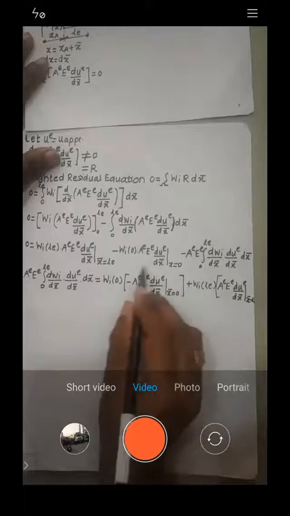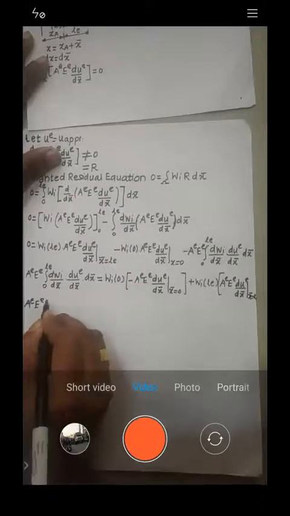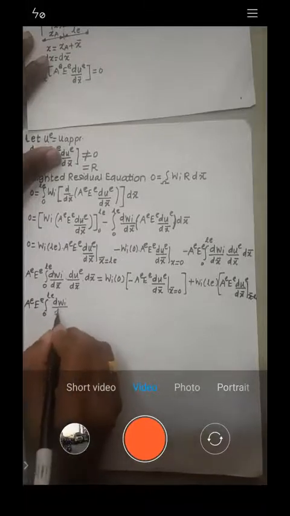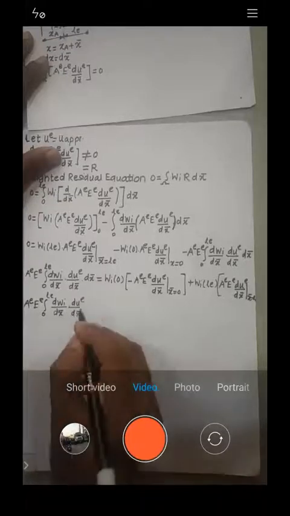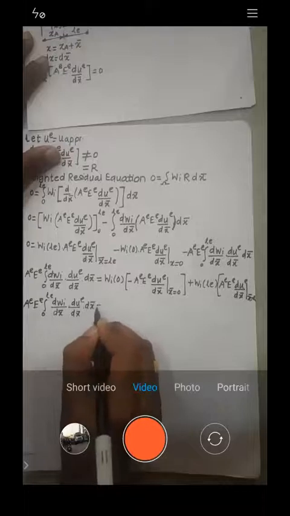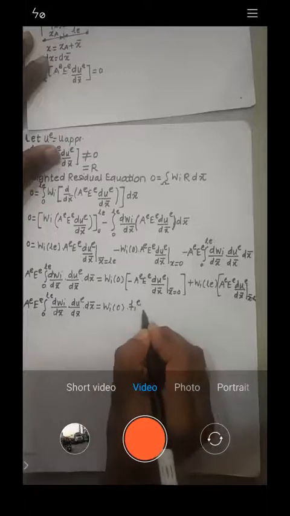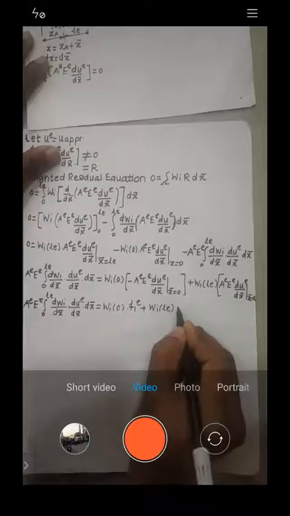So what I will do, I will call this term F1E. See, I will call this term F1E, so I'll be able to write the equation like this: AE EE integral 0 to LE of dWI by dx bar into dUE by dx bar into dx bar is equal to weight function at 0 into F1E, plus weight function at LE, I will call this as F2E.